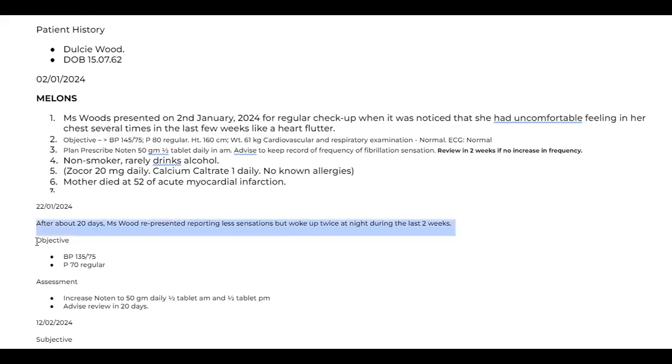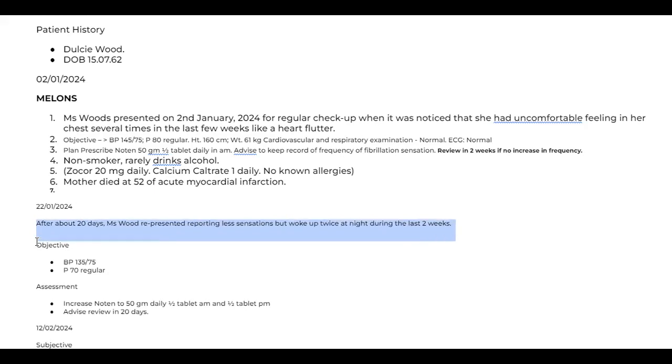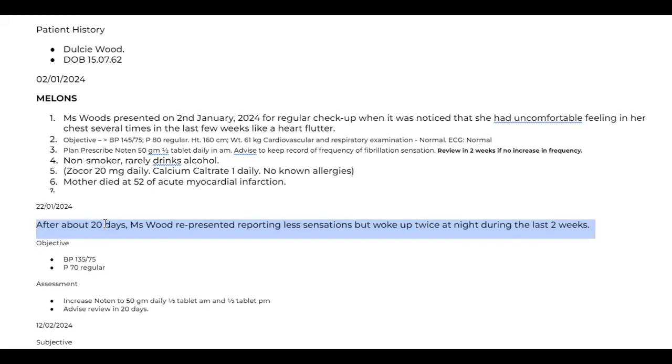Once again, look at this. When you go to the third paragraph, you can follow this method. Like this one: after about 20 days, Ms. Woods re-presented. Remember, the word re-presented should have a hyphen, reporting less sensations but woke up twice at night during the last 2 weeks.